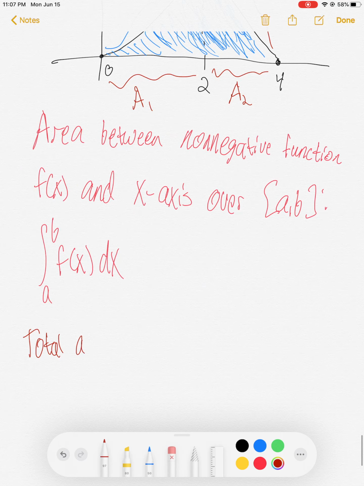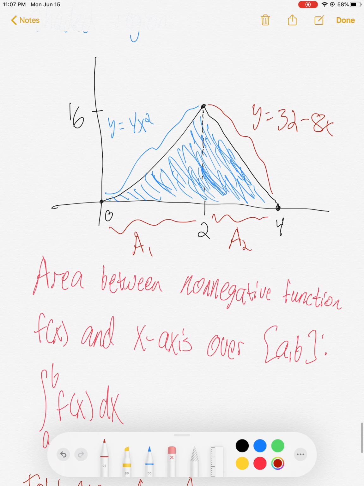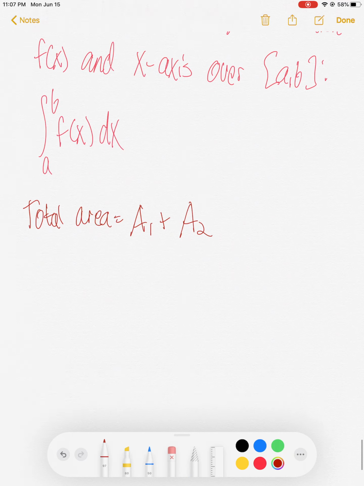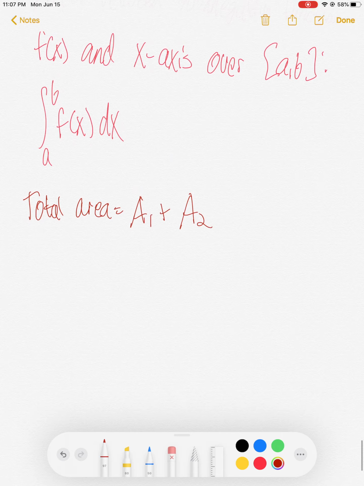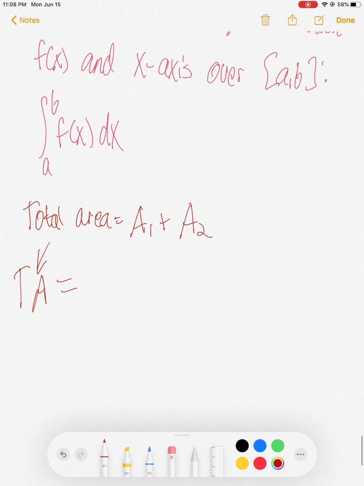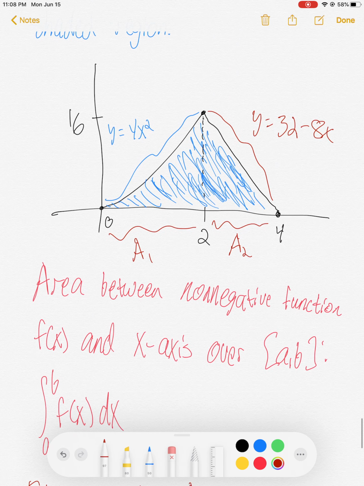Now in this case, we have these two functions. So what I'm going to do is find the area. Let me call this area A1. You don't have to write out all of this if it makes sense to you intuitively, but just to be clear about what I'm doing. The total area is going to be A1 plus A2.